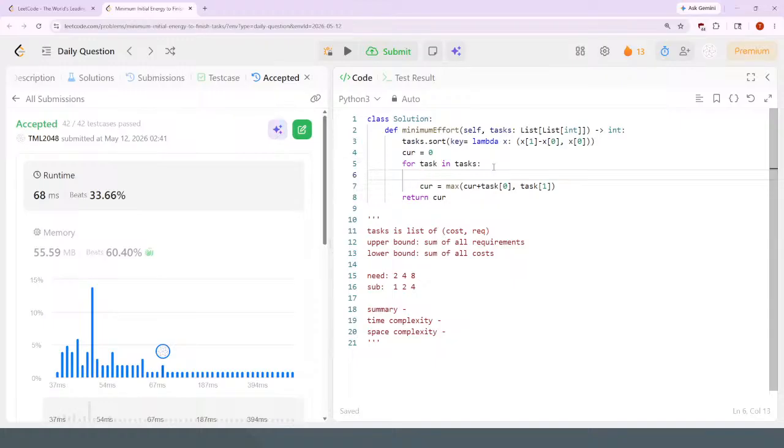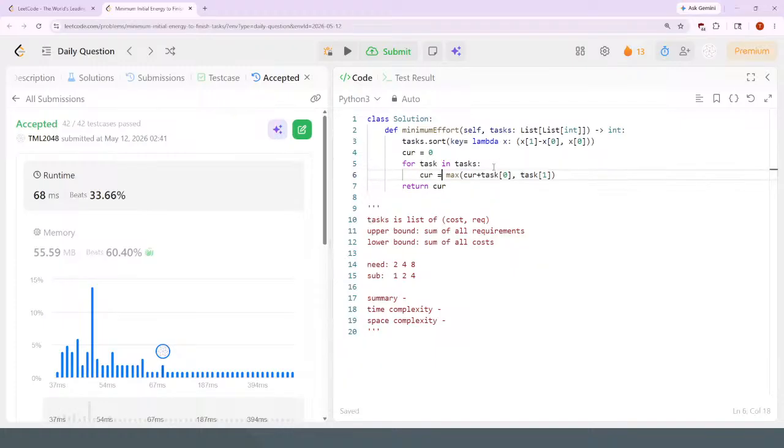So it'd be something like current plus equals task at 0. What did I have here before? Okay, it was just this single statement, right?